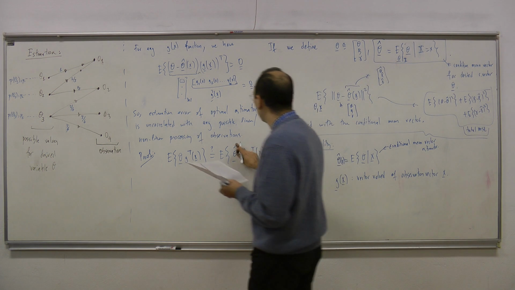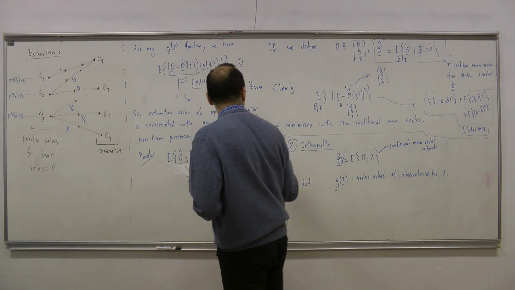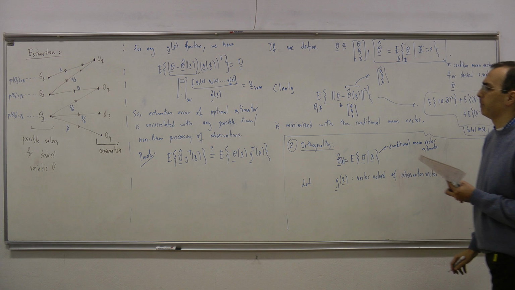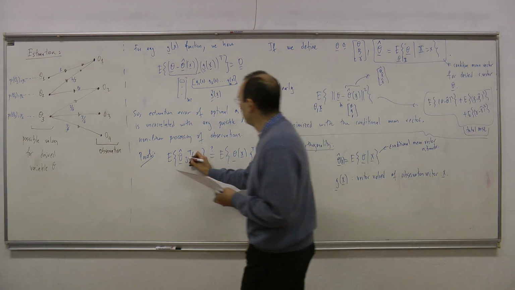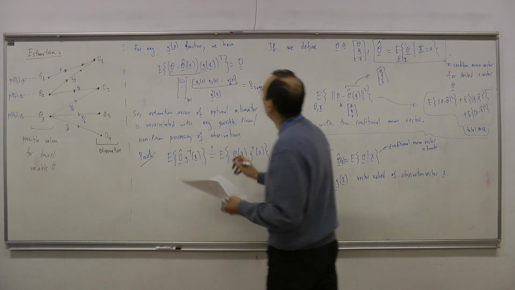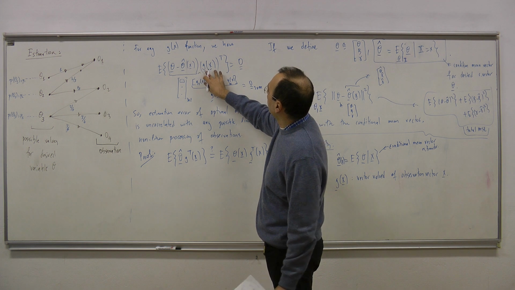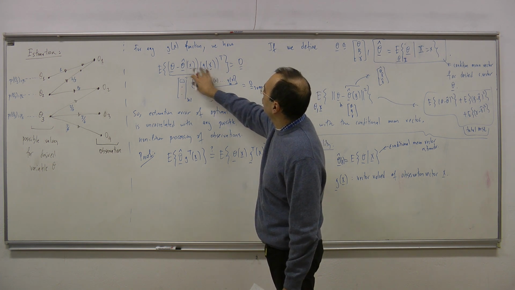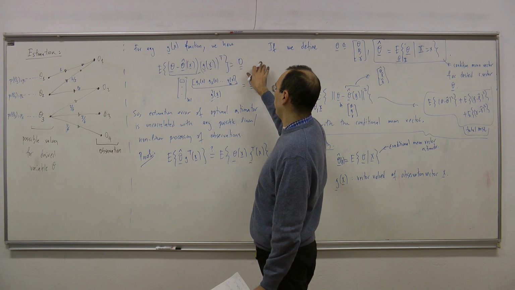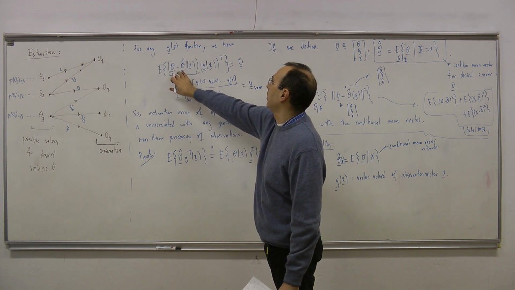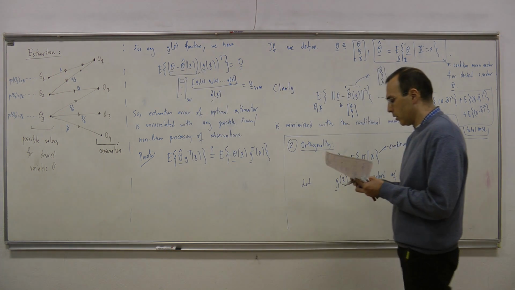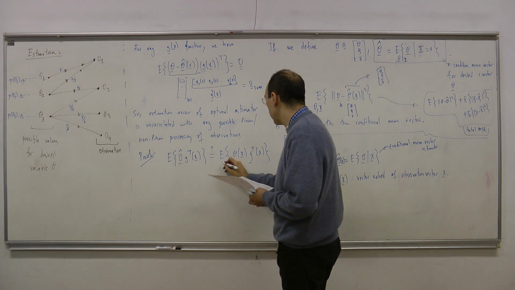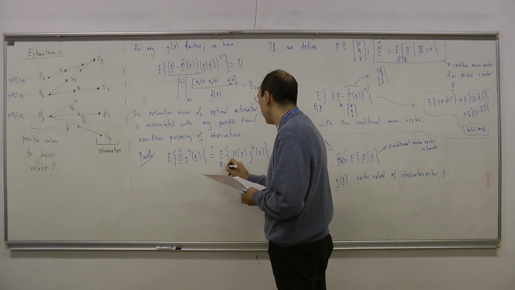Let me move this over here for the sake of using this part. I'm expanding this, multiplying by g transpose. G transpose times theta hat, move it to this side, it becomes this, and the other term is this one. So what am I going to do? This is an expectation over theta and x.